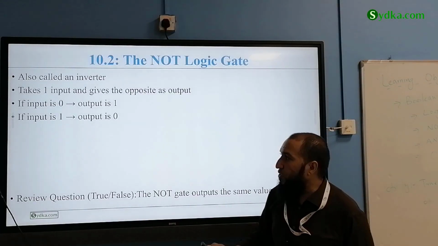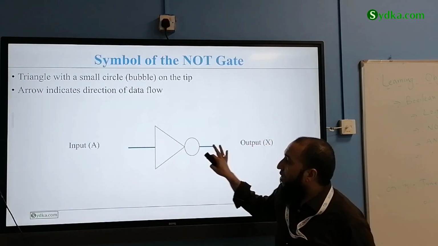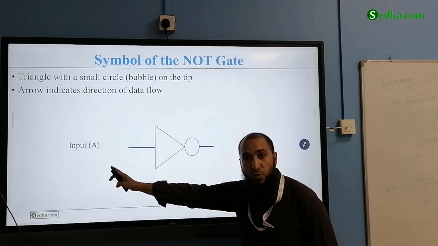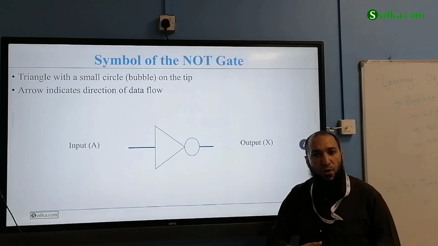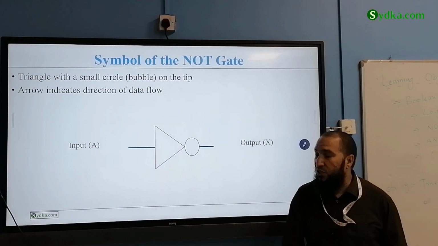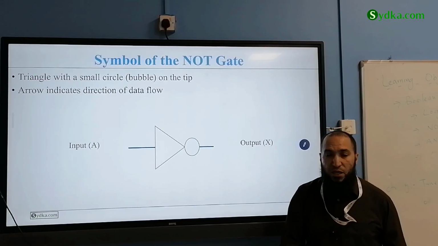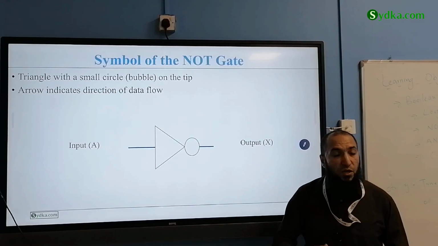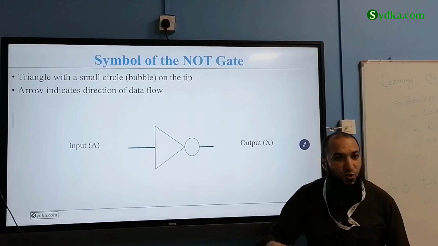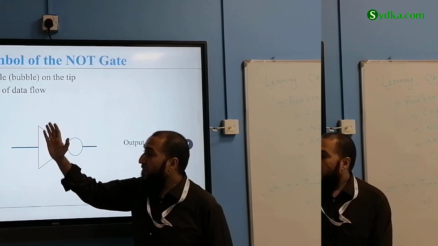So pay attention to the individual ones. The symbol is a triangle, and we know the direction as well. Input has to be from this side, output this side. If one of you becomes an electronics engineer and puts them in the wrong direction, you either get a wrong value or maybe the whole circuit will blast. So it's very important you put them in the right direction.